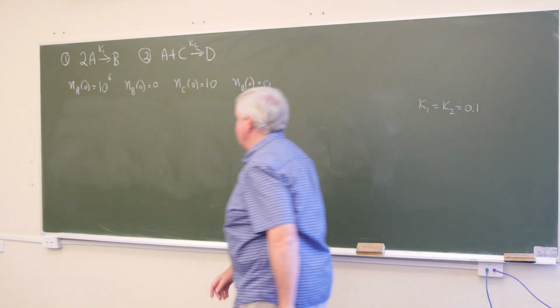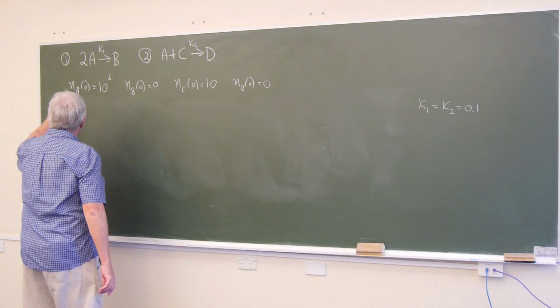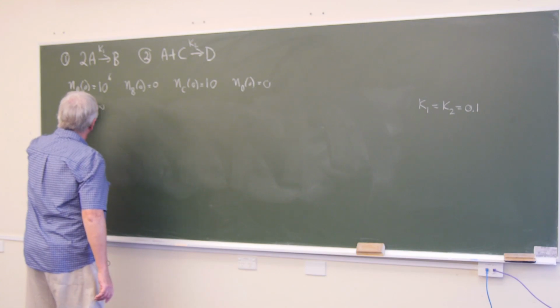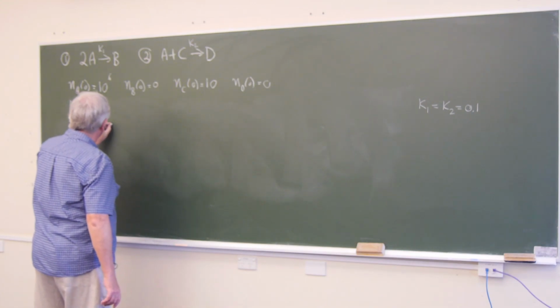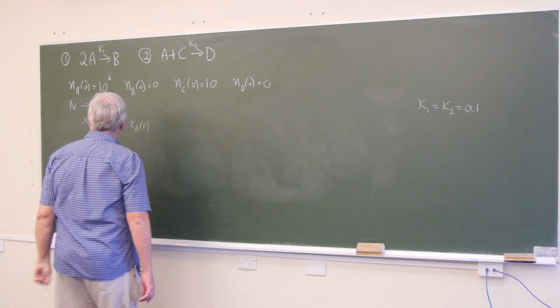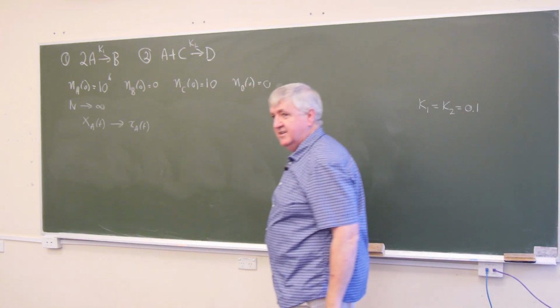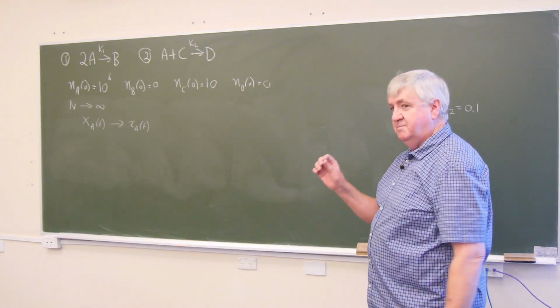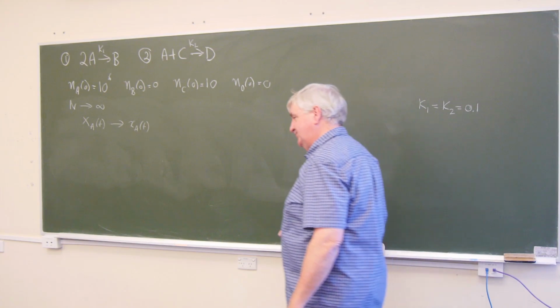Over time, we let n go to infinity, and XA of t, for each t, goes to something which I'll call lowercase xA of t, which is purely deterministic.